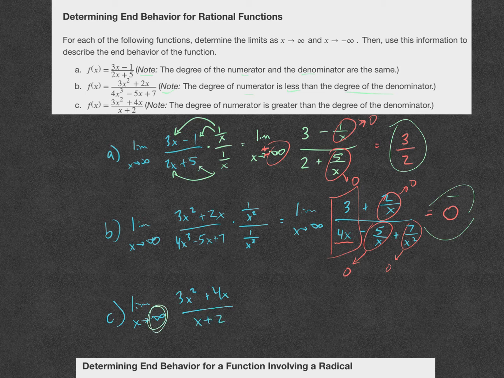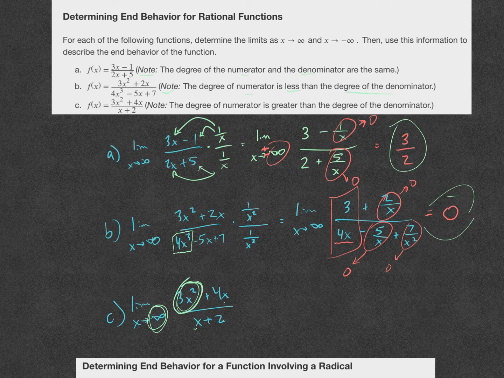As x gets really, really big, this x squared, that matters a lot, right? These terms are less important because they're not going to grow as fast as that largest term. In part B, the 4x cubed right here was the largest degree.